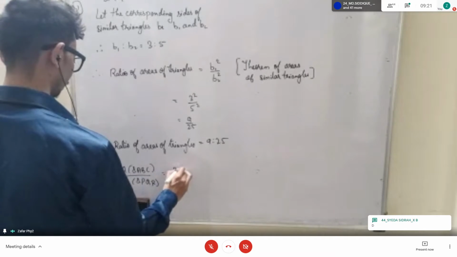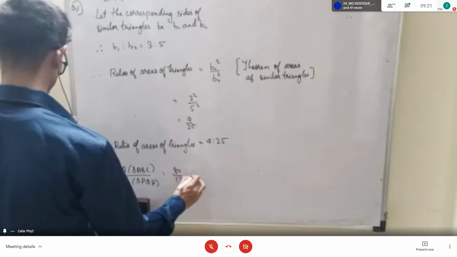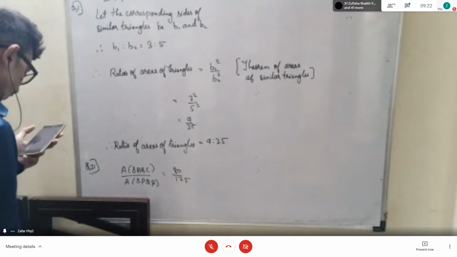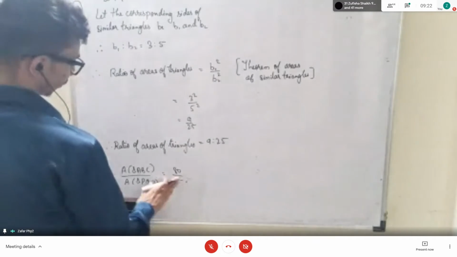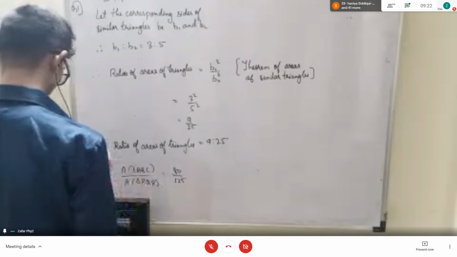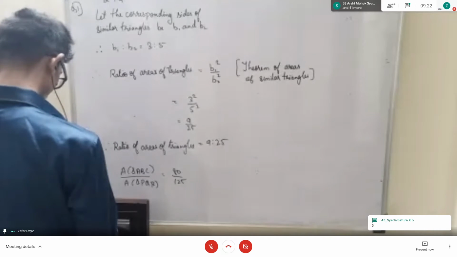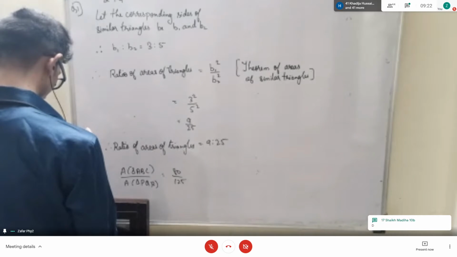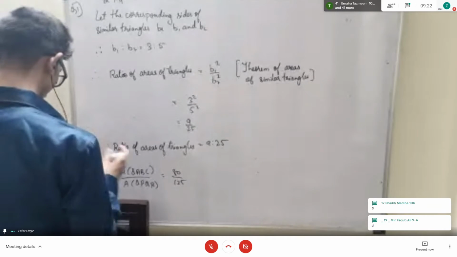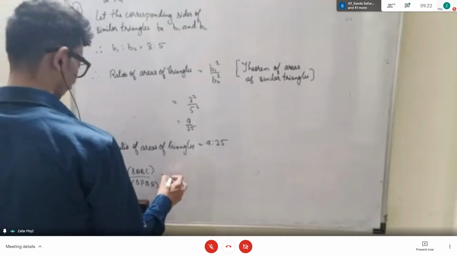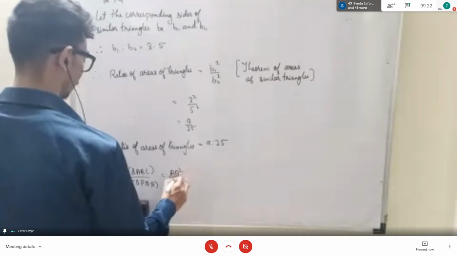So we have been given this. Sir, wait for 2 minutes. It is AB square by PQ square.